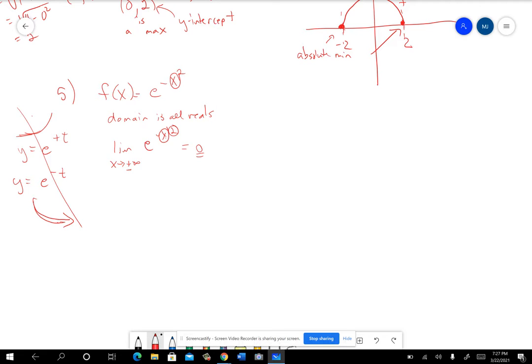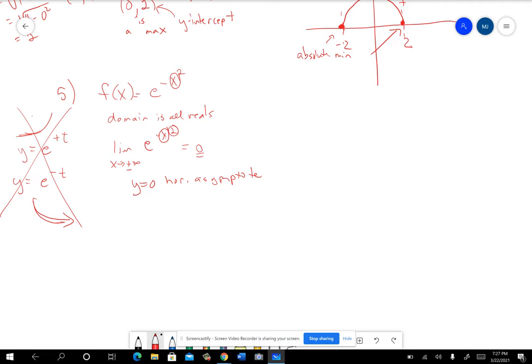I'm not claiming that's what the picture is. I'm just doing that to get an idea of what's going to happen when we plug in really big positive or big negative numbers. So y equals 0 is going to be the horizontal asymptote. That's good to know. We might as well do it while we're thinking about domain. There are no vertical asymptotes at all.